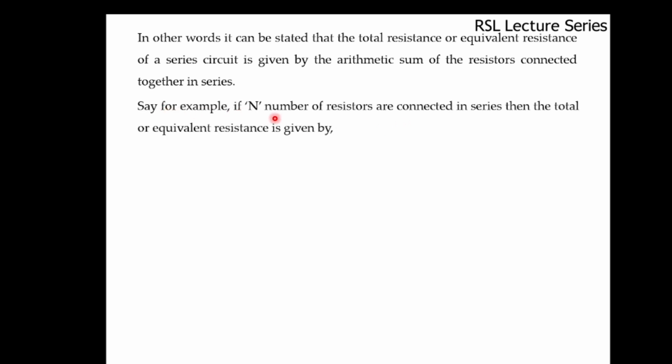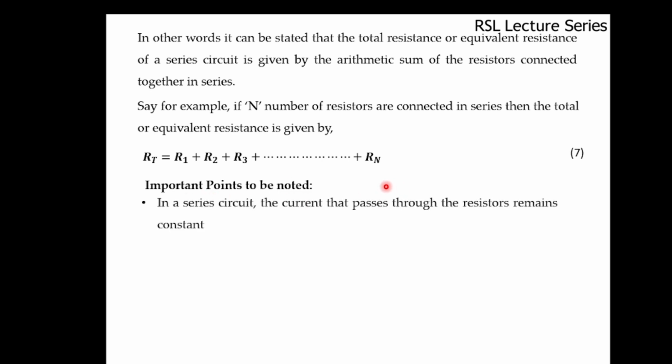Say, for example, if n number of resistors are connected in series, then the total or equivalent resistance is given by the sum of all the resistors, R1 plus R2 plus R3 and so on up to Rn. So these are some of the important points to be noted. First, as I said earlier, the current will remain the same in the case of a series circuit.